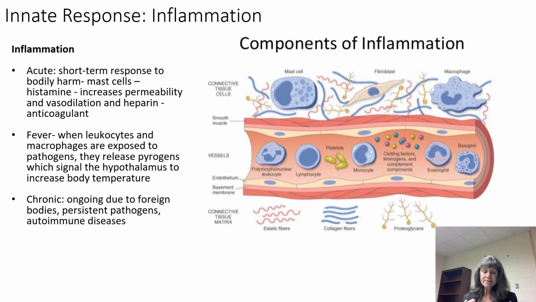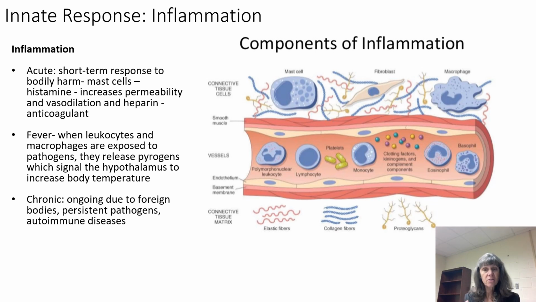Leukotrienes are important because they're going to attract neutrophils and other macrophages into the area, and they do that by way of chemotaxis. Leukotrienes can also increase vascular permeability. And after the neutrophils have come to the site, other phagocytes will come to the area, macrophages will come, and they'll continue to clean up the cellular debris.